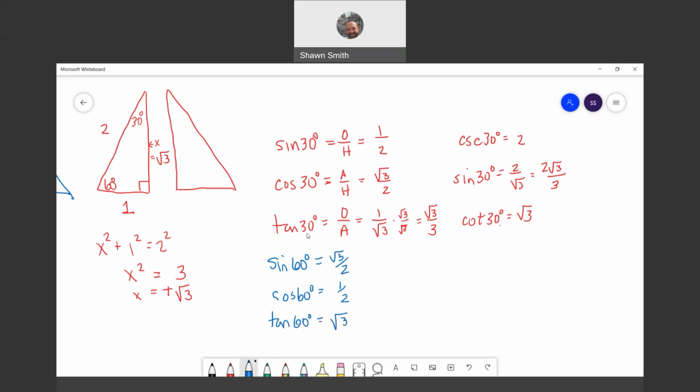And now the reciprocals are easy to come up with too. Cosecant of 60 degrees is the same as the secant. I put sine right here. I see a mistake. Let me erase that, fix this. That's secant.